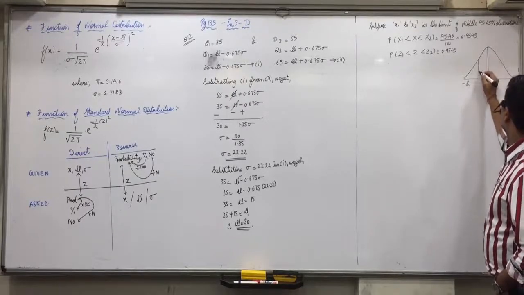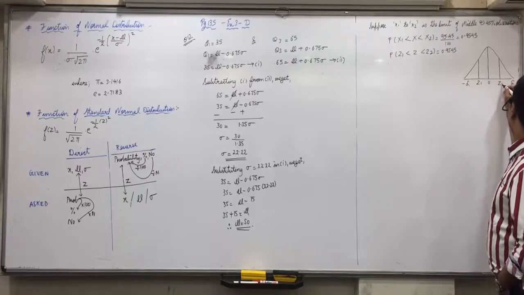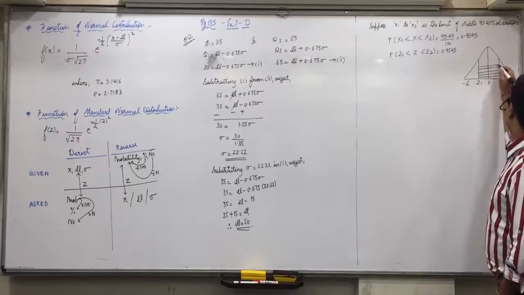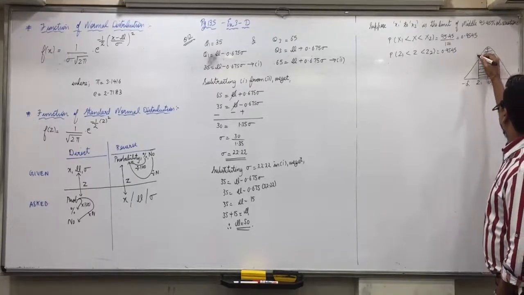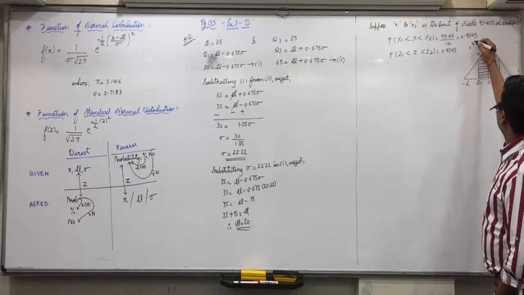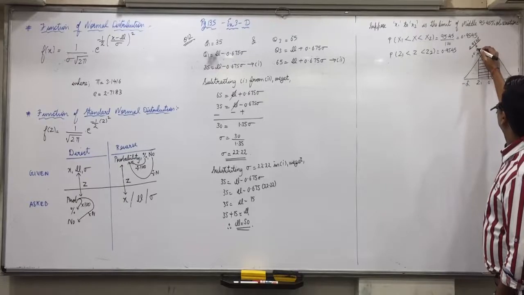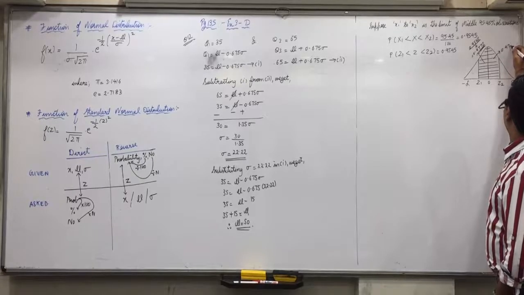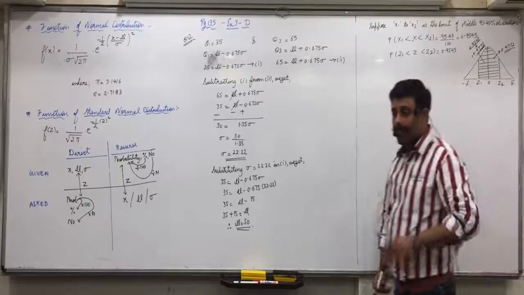Z1 will come on the left side, z2 will come on the right side. Between z1 and z2, this area, left side will be 0.9545 divided by 2, that is 0.4772. Take 0.4772 because that is exactly available in the table. We know this value, we have been doing it so many times.